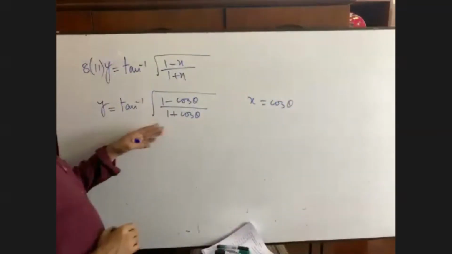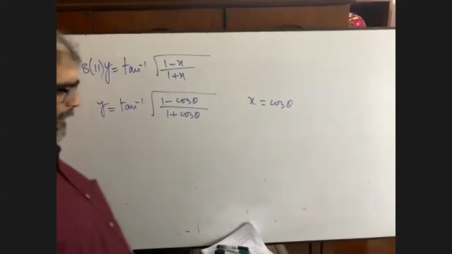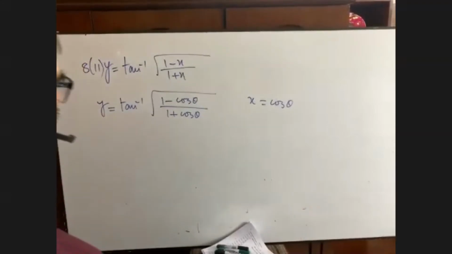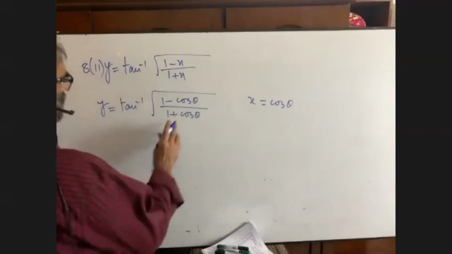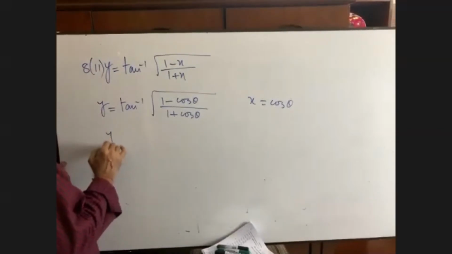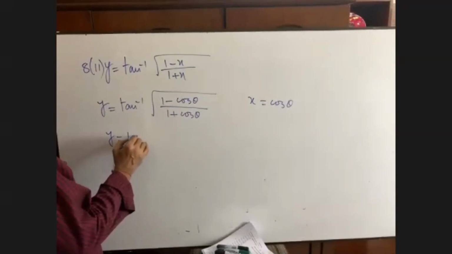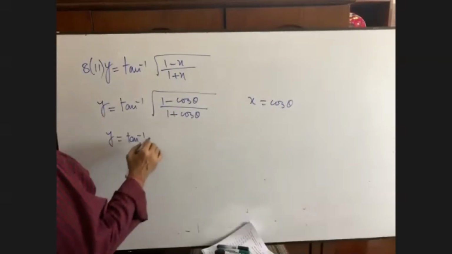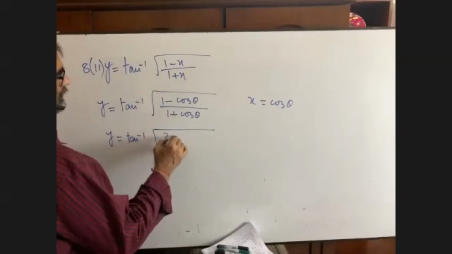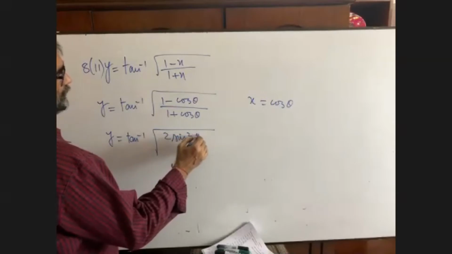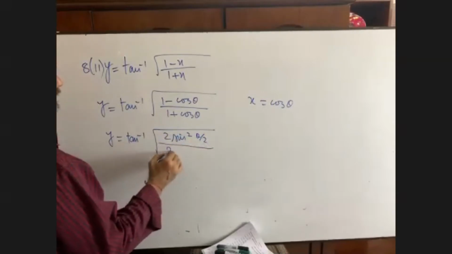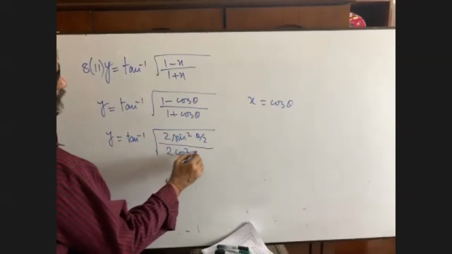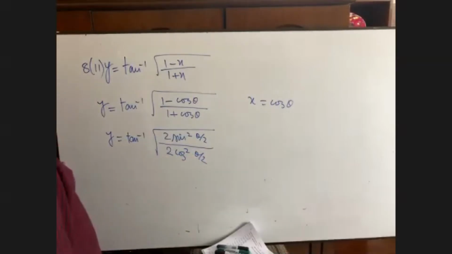Then have you seen this is the previous math? Have you got me? Are we getting the previous math or not? It is root over 2 sin square theta by 2 by 2 cos square theta by 2, right? 2 is omitted, tan theta by 2.